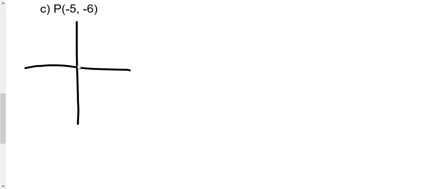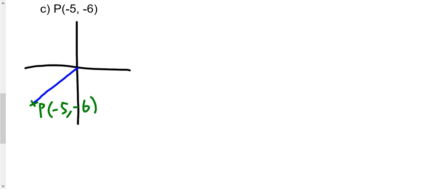-5 and -6. So down here. And again, I'm going to take this endpoint here as point P. You can pick any point here, but to make it look like a triangle, I'll just pick the endpoint to make it easier, more obvious. So P is -5 and -6.